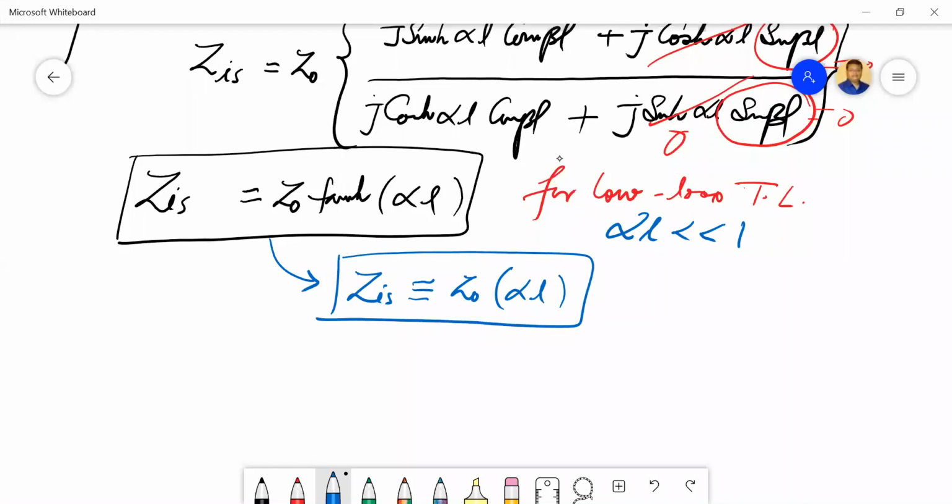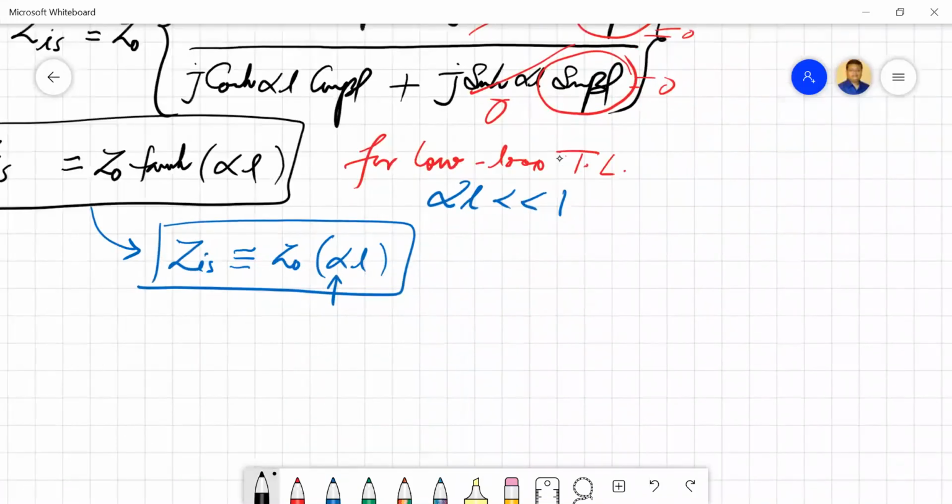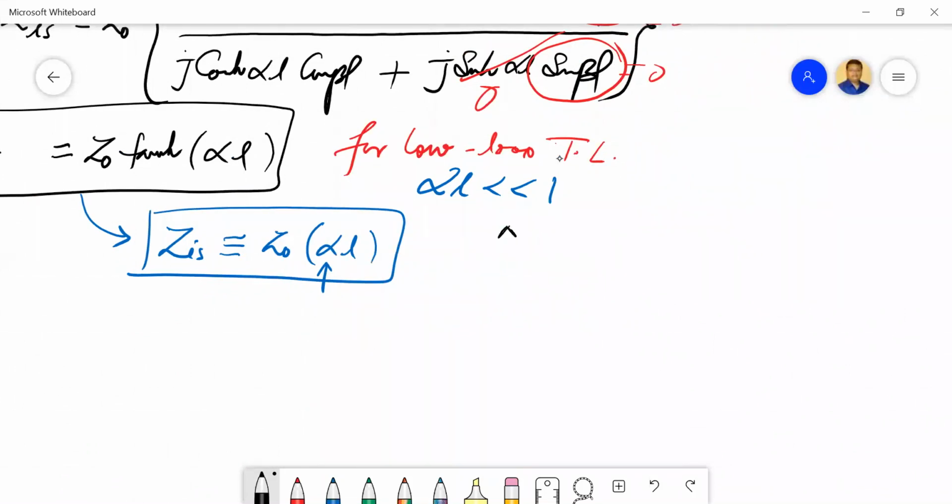Now what is this actually? Here this is very small, much less than 1, correct, and this is going to multiply with Z0. Now if you recall the series resonance condition and the parallel resonance condition, the frequency versus impedance relation: this is Z_in, and this is omega by omega naught.